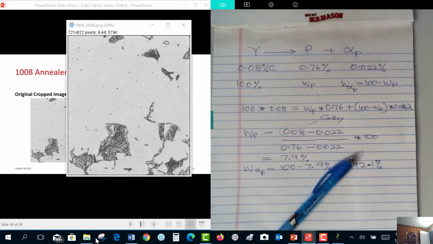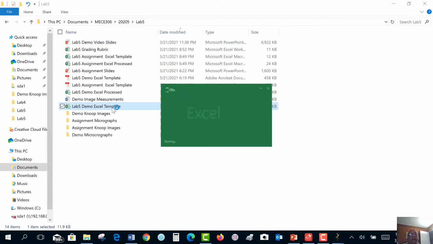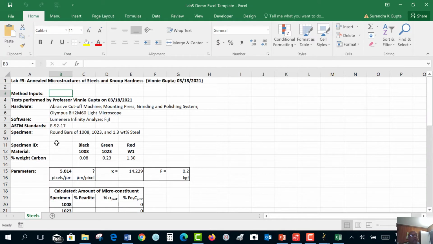So now if we fire up our Excel spreadsheet, of course we have our title, method inputs. You might want to look up the model numbers of these hardware.